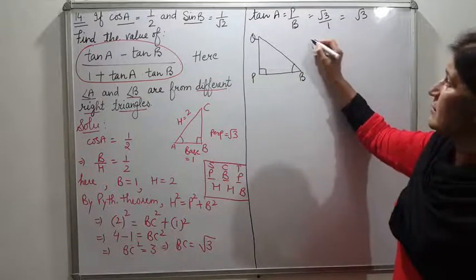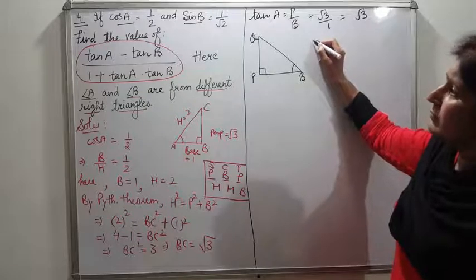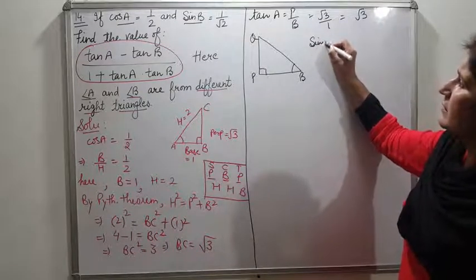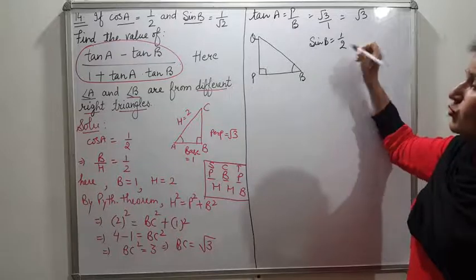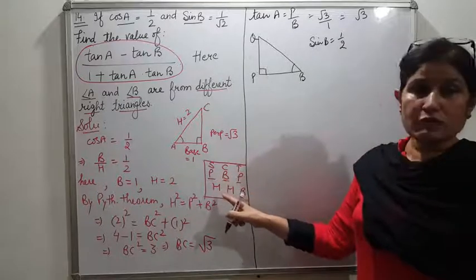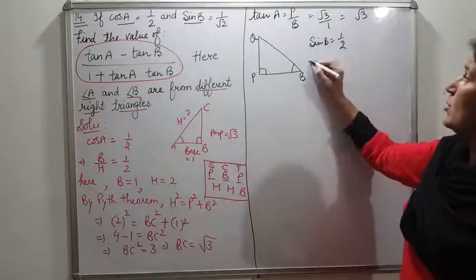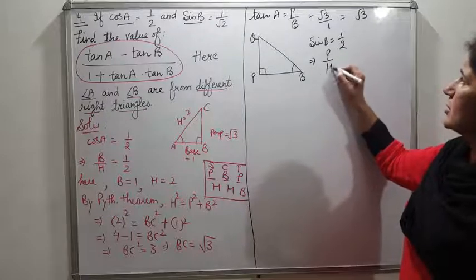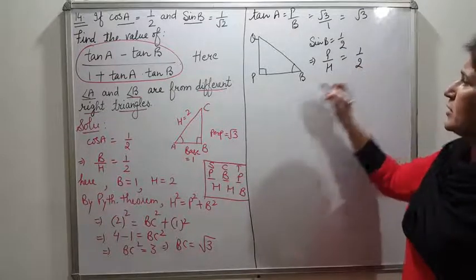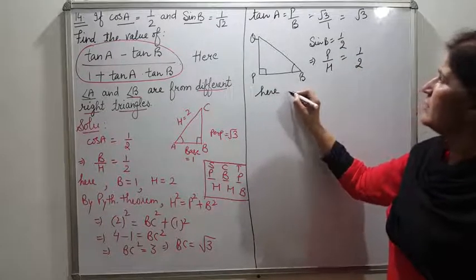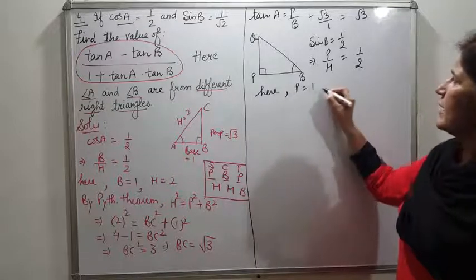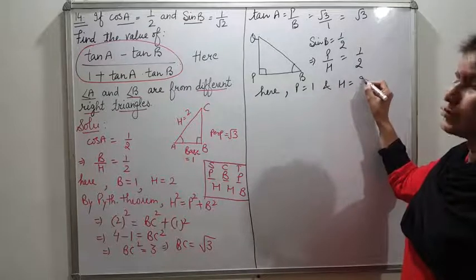In this triangle, value of sin B is given 1 over 2. This sine is ratio of two sides P and H. So P over H equals 1 over 2 here. When we compare, P is 1 and H is 2.